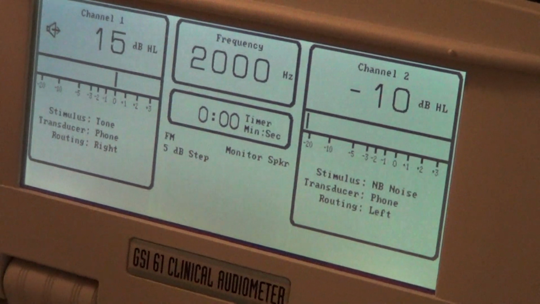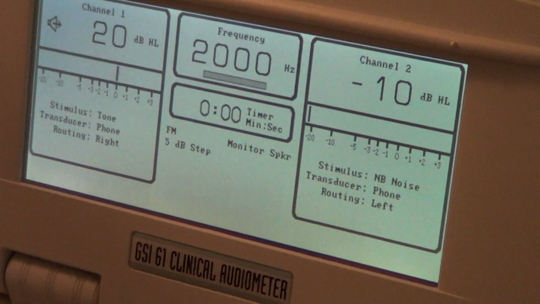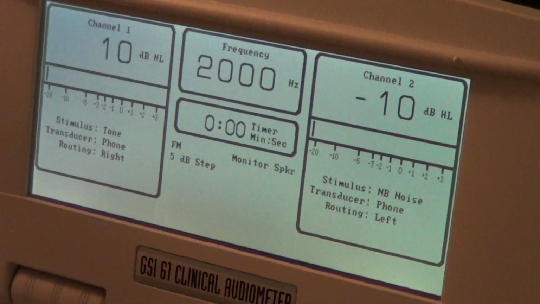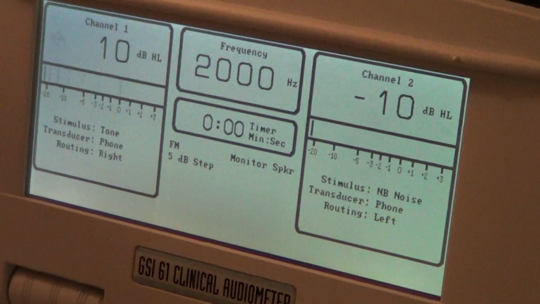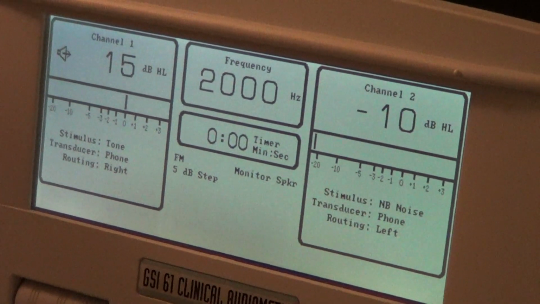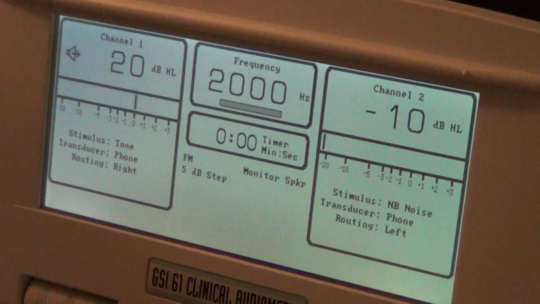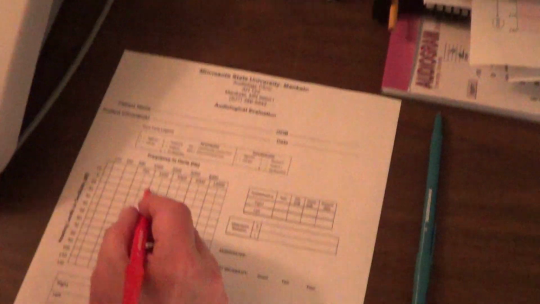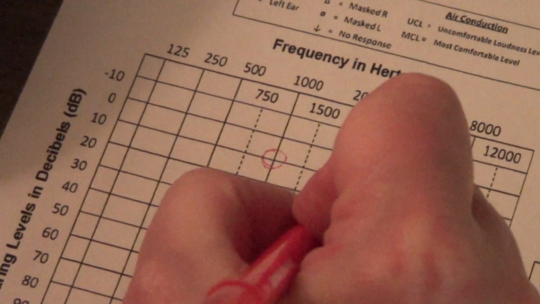No response, up 5. That's the second time at 20, so we're going to go down one more time. And there's threshold. So I find 30 decibels at 2000 hertz.